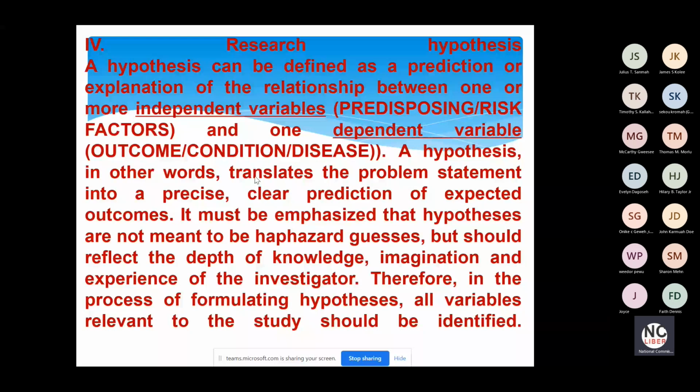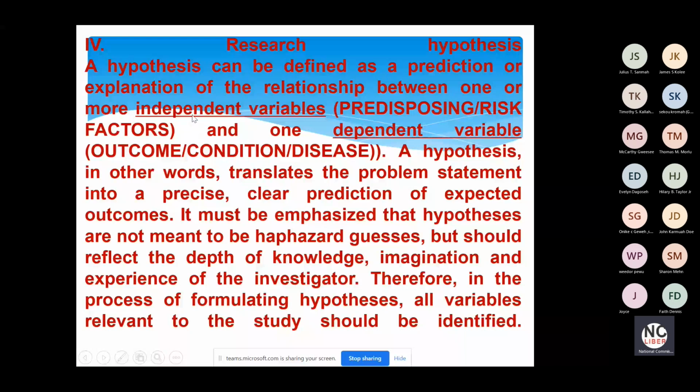You look at independent variables, key things to look at. Call them the predisposing, or you can call them risk factors. In the health area, we use risk factors a lot. So the risk factors are usually independent variables.